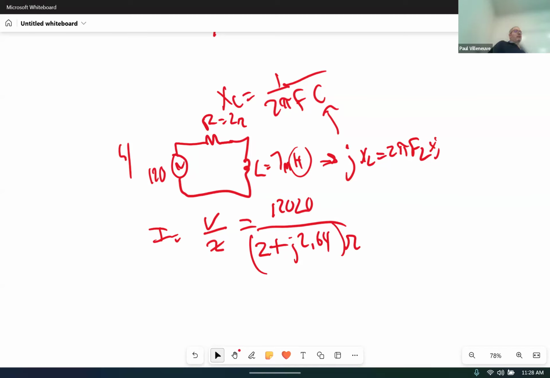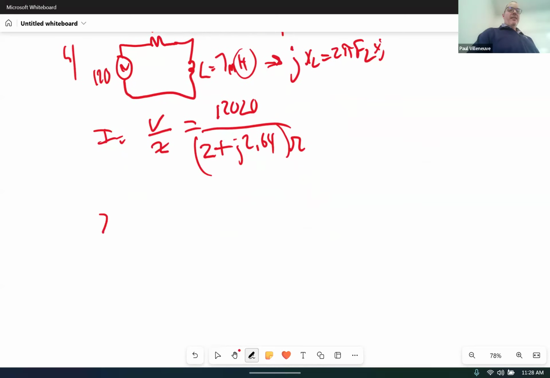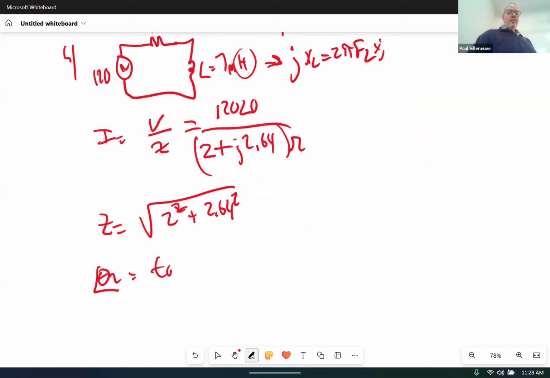Now, a few people did this, and then they did this, to get the magnitude and the angle. That's perfectly fine.